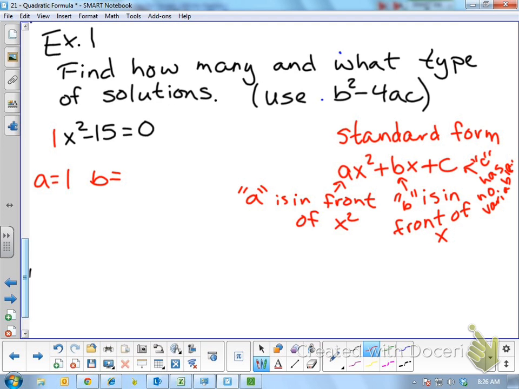But if there's nothing there, there is no variable there either, we use a 0. So b is 0 because it was missing. There was nothing written there at all. So b was 0 because x was missing.